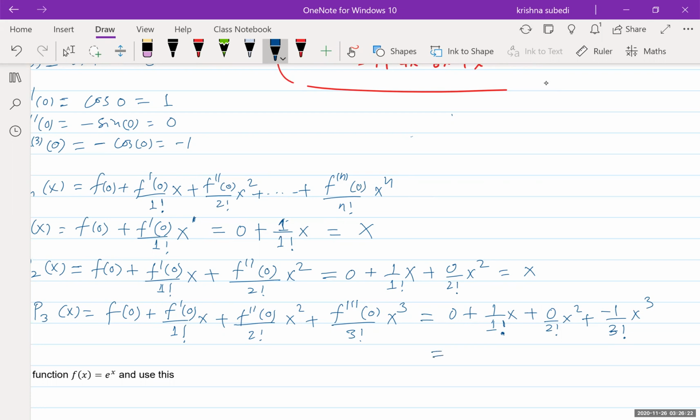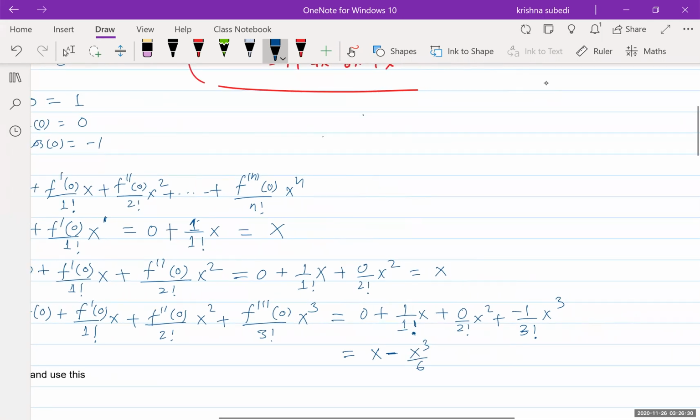If you simplify, you're going to get x minus x cubed over 6, because factorial 3 is 3 times 2 times 1, which is 6. Therefore, this is our third degree polynomial.